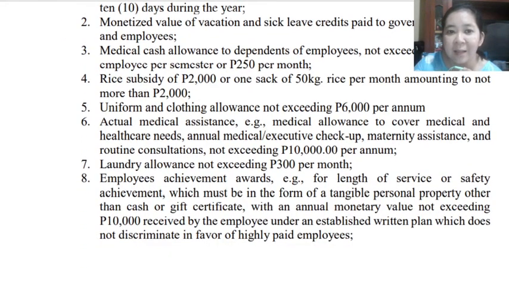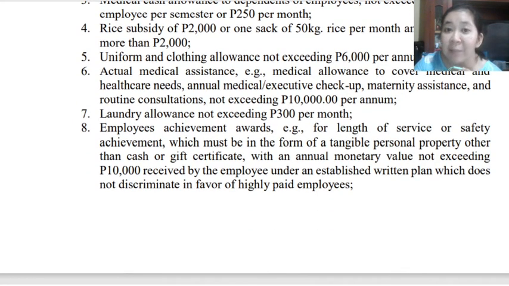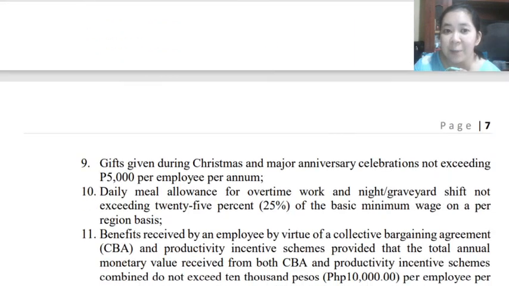Okay, number 8, employees' achievement award, for example, award for length of service or safety achievement, which may be in the form of tangible personal property other than cash or gift certificates with an annual monetary value not exceeding 10,000 received by the employee. Okay, so that is non-taxable.